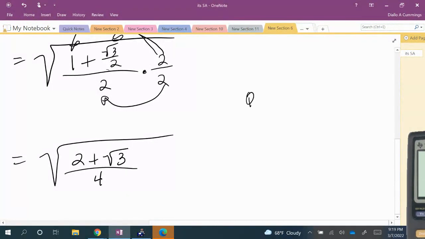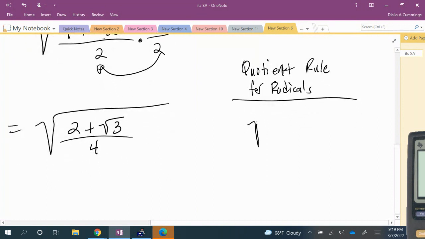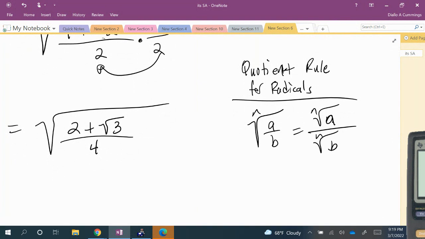Okay, I'm going to go back to some algebra for a second. And I want to talk about the quotient rule for radicals. It says that the nth root of a divided by b is equal to the nth root of a divided by the nth root of b. So what that means is I can take a denominator and I can actually split it up.